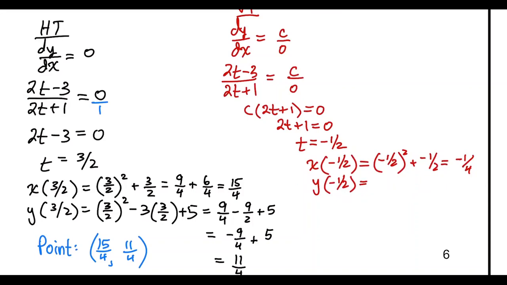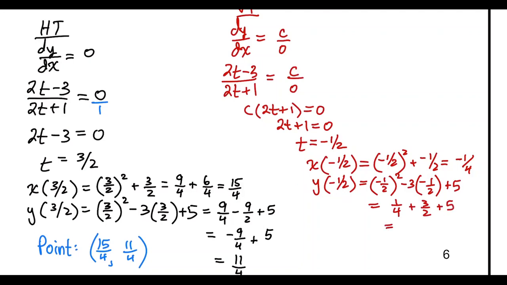All right, so for the other piece, it's negative 1/2 squared minus 3 times negative 1/2, plus 5. So a quarter plus 3/2 plus 5.